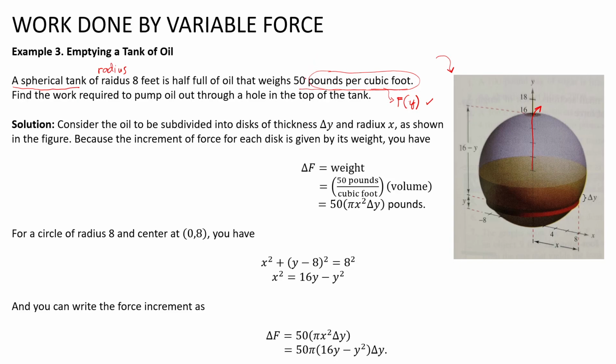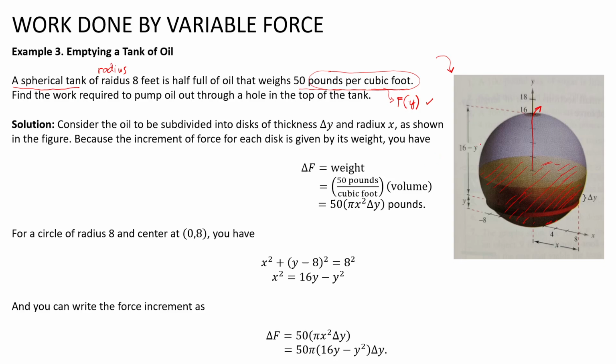Okay, so for this problem, we cannot just totally use 50 times y, right? Because the oil is in a semi-spherical shape, not like the previous one. The chain is in the vertical condition, so you can just multiply it directly with the distance y.